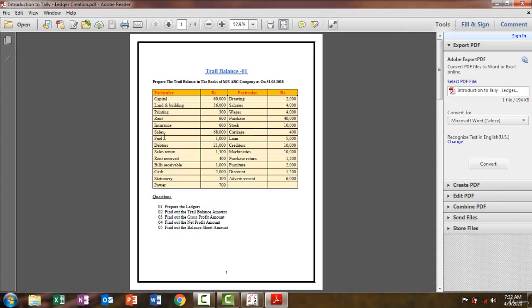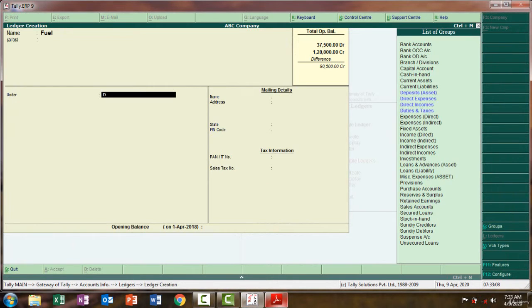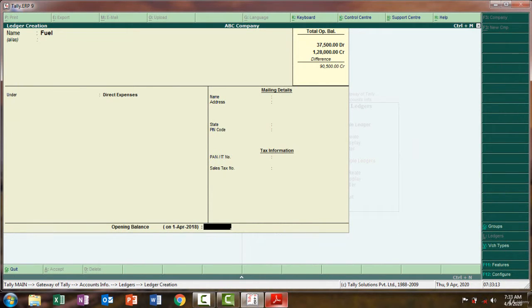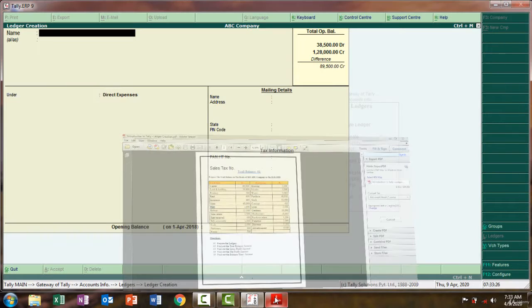The next one is fuel, which is a direct expense in our company, because when we are working in manufacturing, fuel is very important, so it deals directly with the expenses. So I choose direct expenses, and a direct expenses account is always debit. So the amount is 1000 debit.